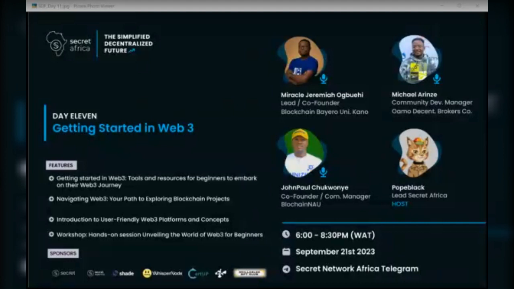For example, checking Secret Network, we have about 1,400 members, and about 55 people online, which tells you that 55 people are active here. In that aspect, it simply means that this community is active. Why? Because you have just 1,000 members, depending on the person's location, yet we have 55 active people. But in other communities, you see 100,000 people, and you'll be seeing just the same 55 people active.